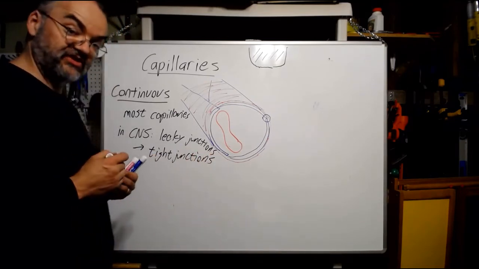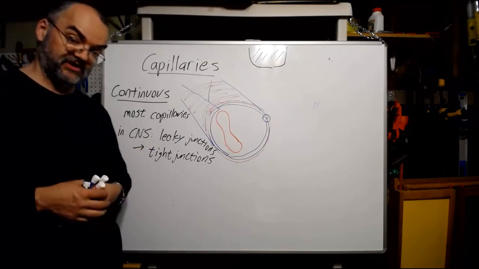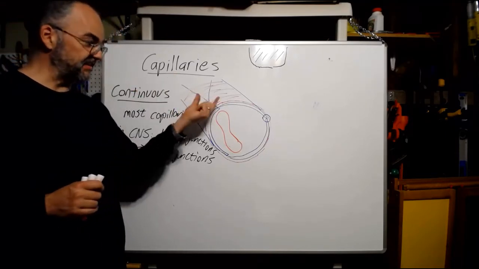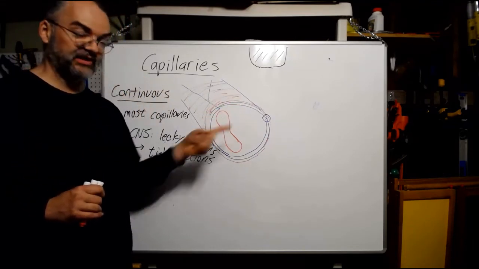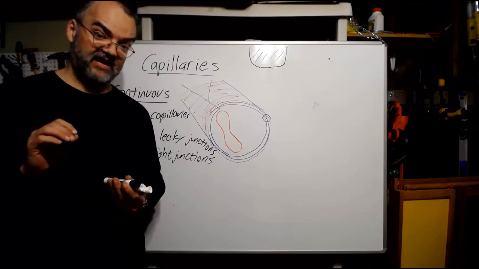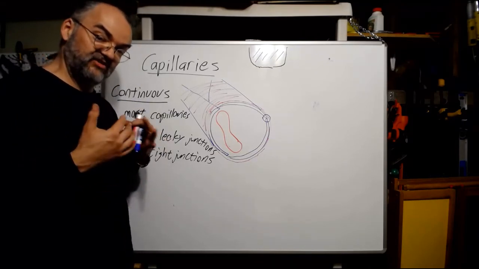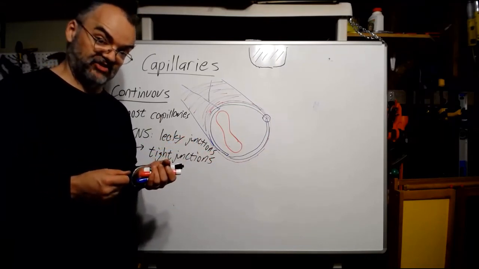Tight junctions are sealed up even against water and ions. So in the central nervous system, in the brain and spinal cord, these leaky junctions seal up, and even water and ions have to be allowed through the cell. The central nervous system takes very, very close care about what gets into and out of it, because the brain and spinal cord are delicate tissue.